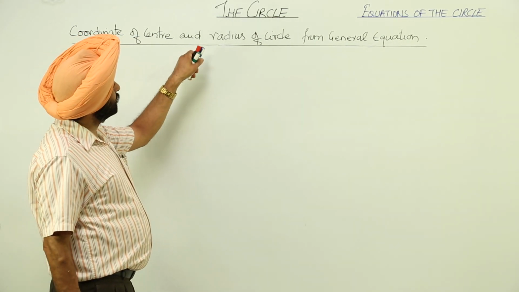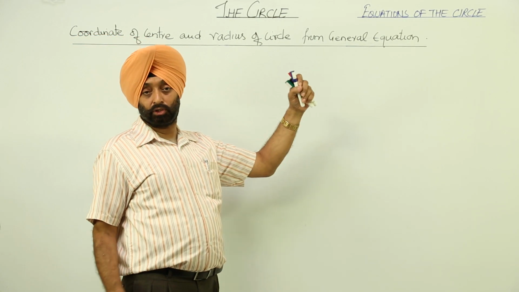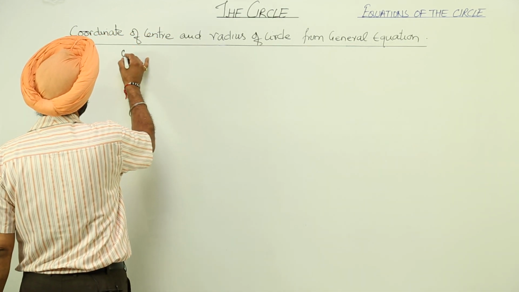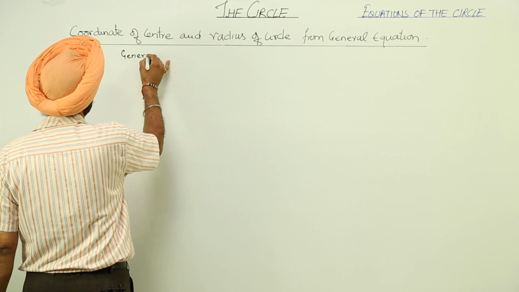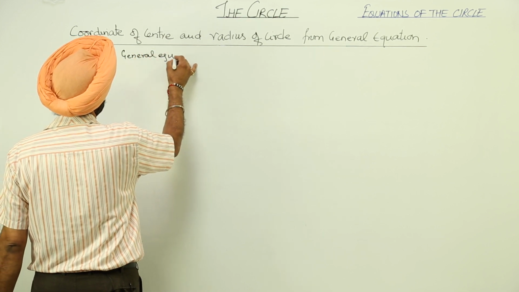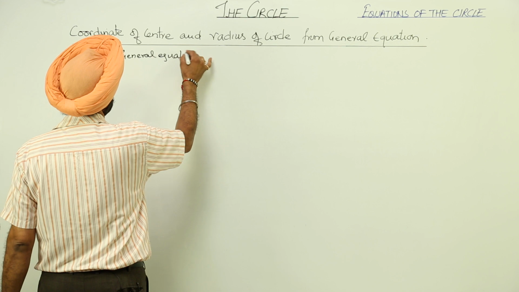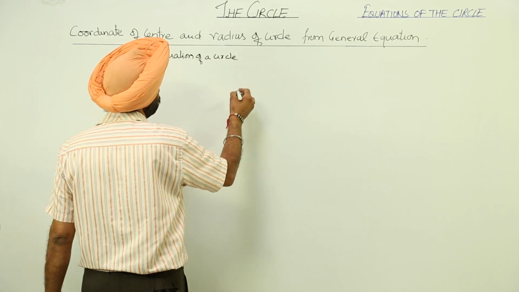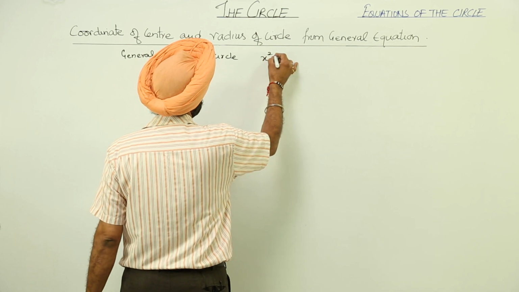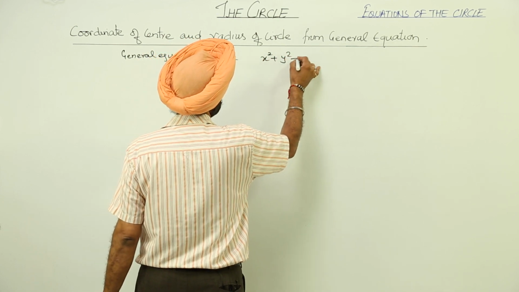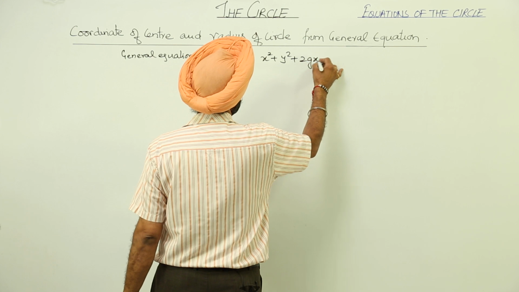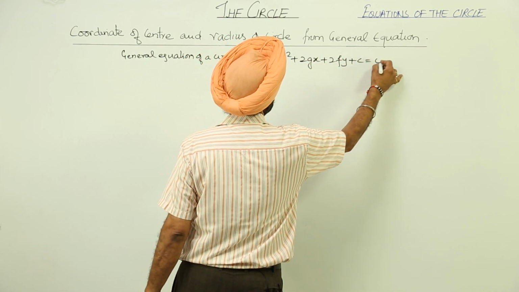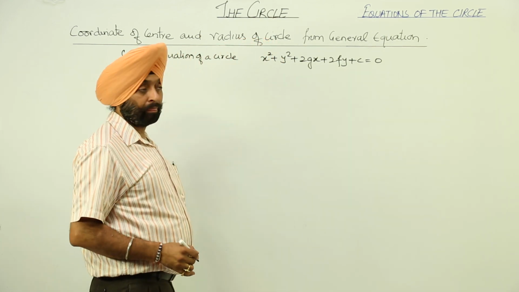Coordinates of center and radius of a circle from the general equation. Okay. So, now the general equation of a circle, we are writing it as x square plus y square plus 2gx plus 2fy plus c is equal to 0.